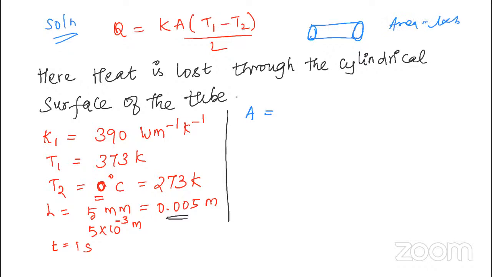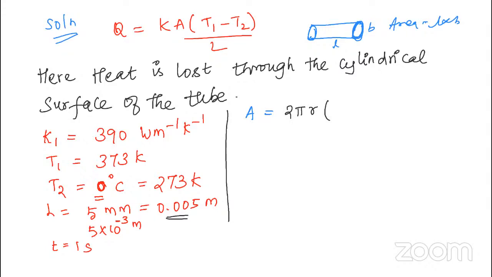So here it is a length and it is a breadth. For the circular portion, its area is 2 pi r. So 2 into pi into r into L value, that is the length value.